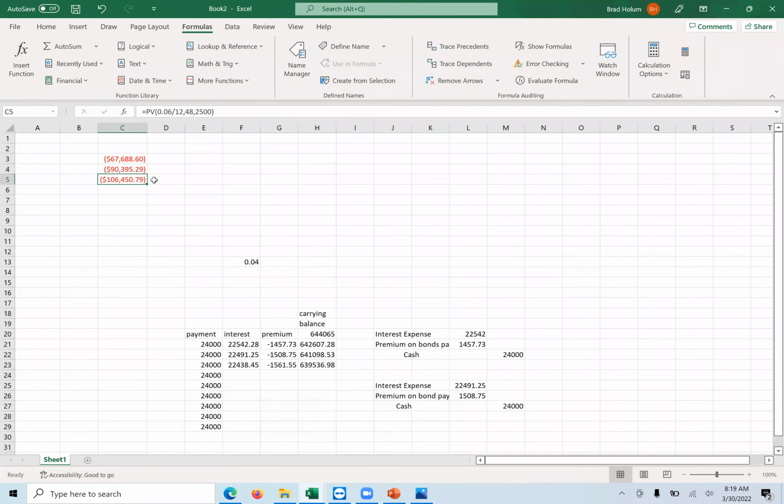That present value of 4 years of payments at $2,500 is $106,000. So the more desirable one would be the $67,688. That is the cheapest. Okay. Does that make sense? Any questions on that?